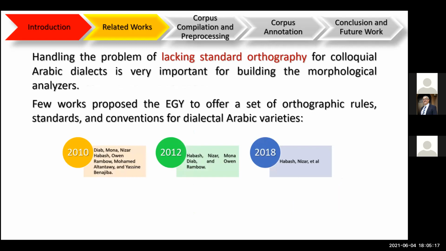The most used one was proposed by Habash et al., who provide a detailed description of a convention of orthography for dialectal Arabic, or what's called CODA, where a unified common set of guidelines and metadata guidelines is presented to help in creating dialect-specific conventions, and it covers 20 Arab cities' dialects, including Cairo, Alexandria, and Aswan, for example.